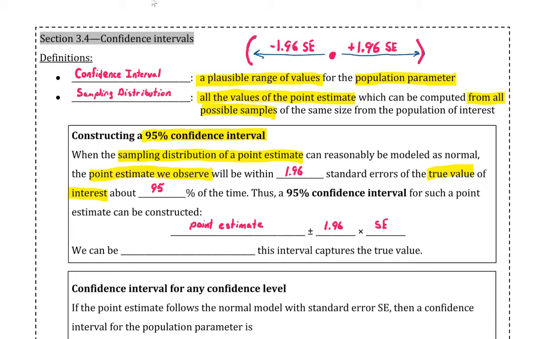We could then be 95% confident that this interval captures the true value. Now, I did not explain where the 1.96 came from yet. We will look at this soon.